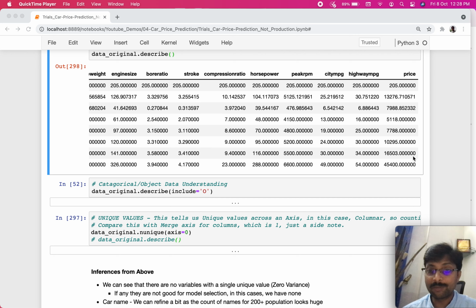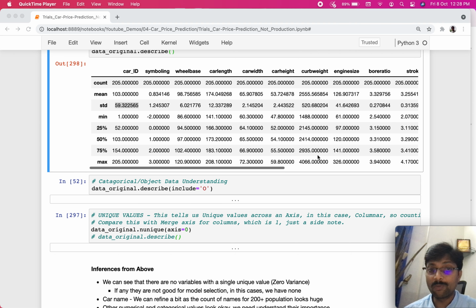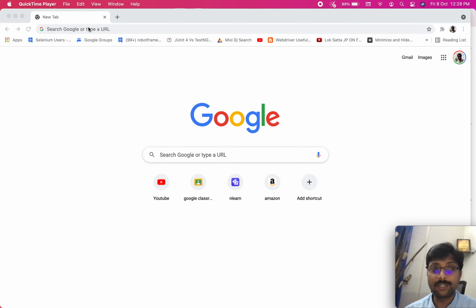There are techniques for data that is left or right skewed, where we can apply a transformation to treat it into a normal distribution pattern. We will see those in the advanced series, but here we are at least getting to know what these variables are and how they vary.